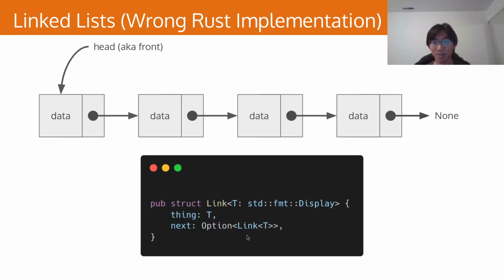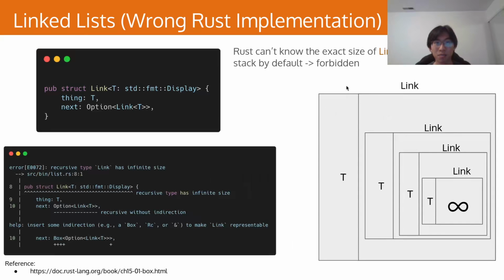We'll start off with this wrong implementation. And why is this the case? Well, we don't know the exact size of Link, and Link lives on the stack by default. We don't know because this Link could potentially contain another Link, which could contain another Link, which could contain another Link. So this could potentially have infinite size.